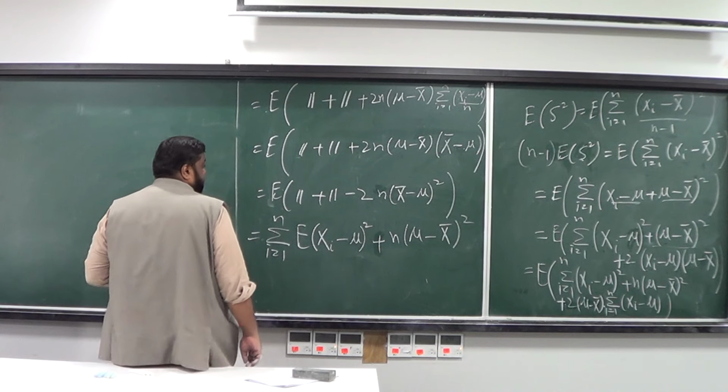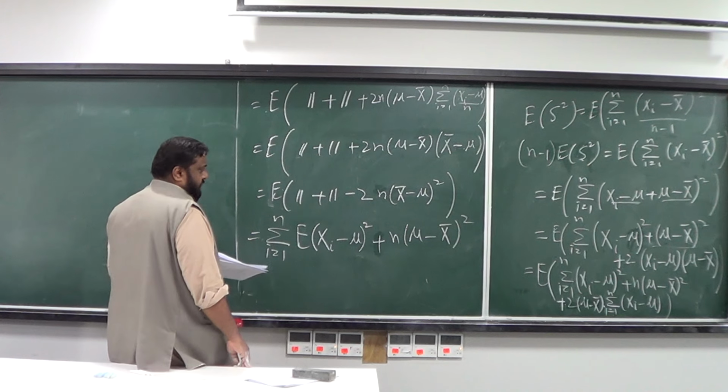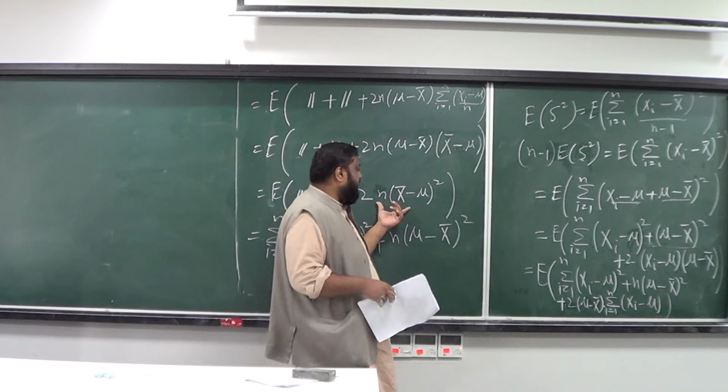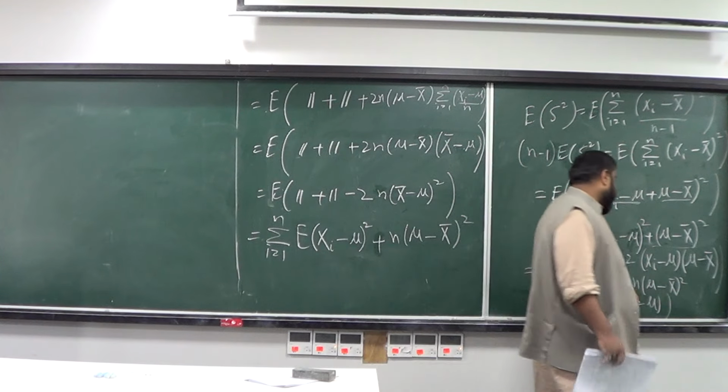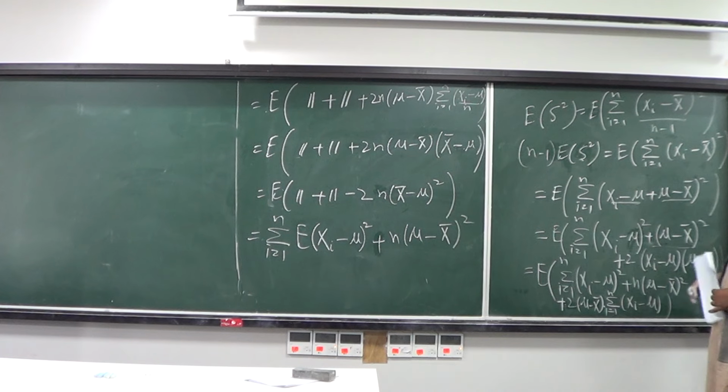And by the way, if you carefully look at the third term and the second term, they are alike actually. So this is like plus n times (x bar minus mu) squared, no problem. I can take minus 1 common, still this would be n times (x bar minus mu) squared.